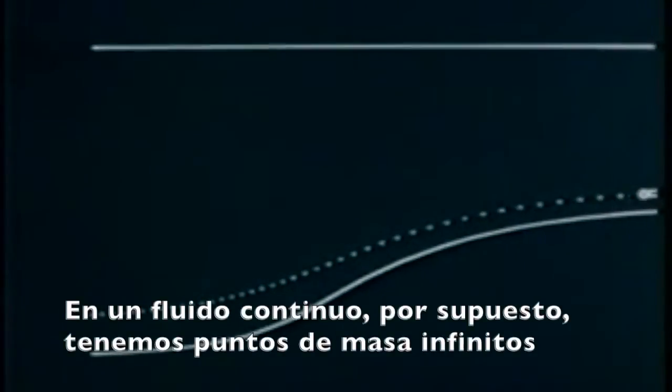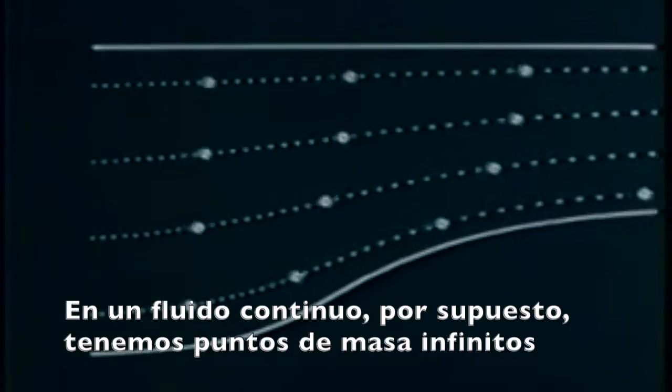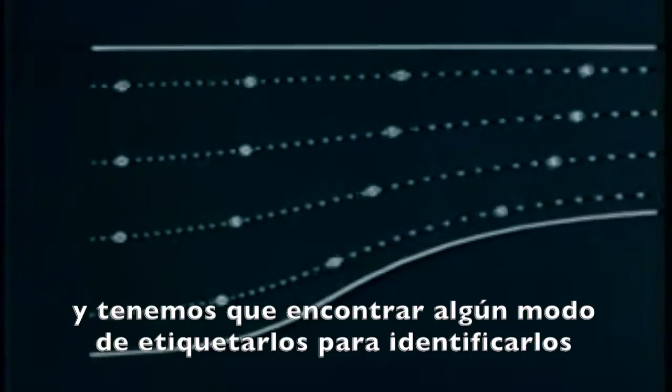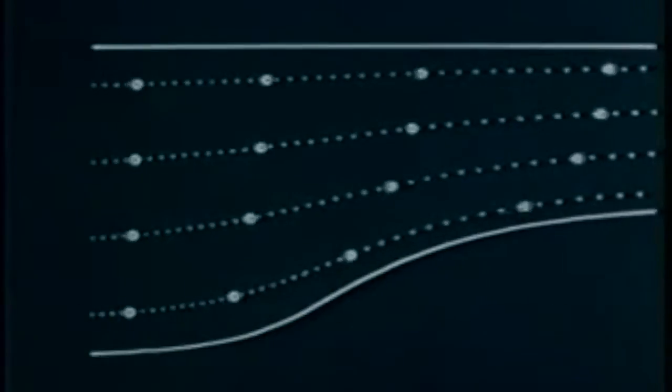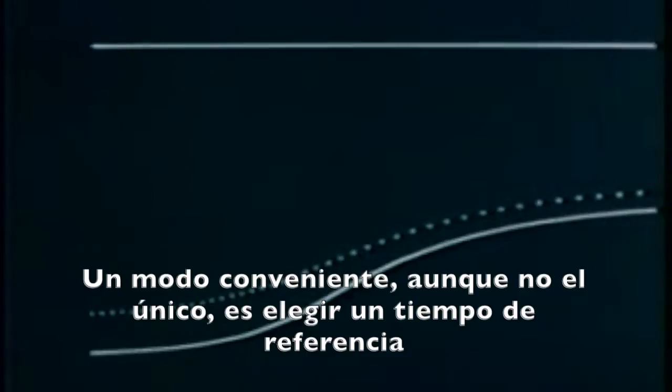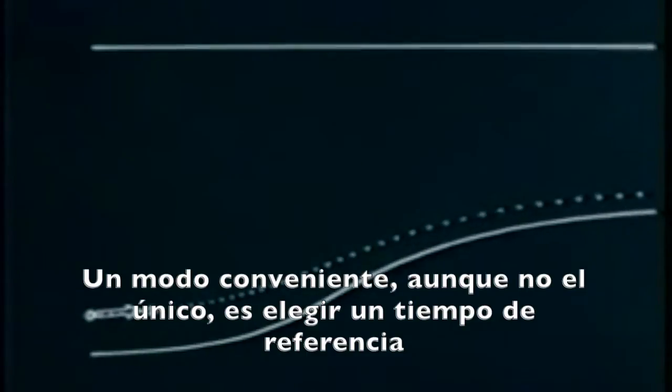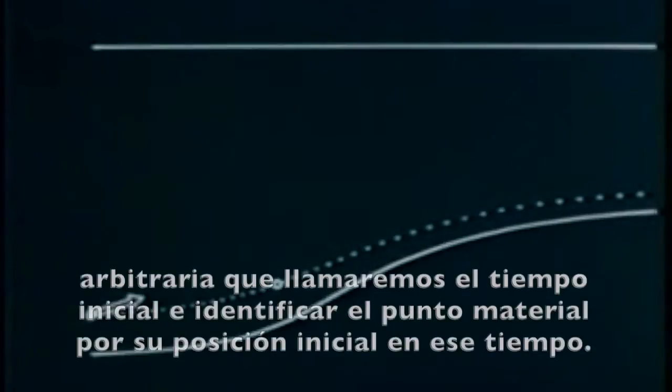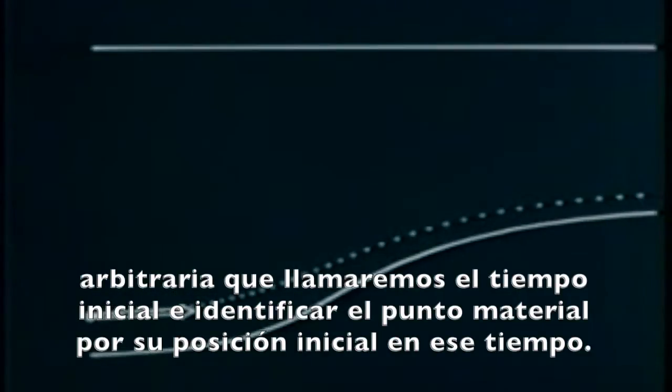In a continuous fluid, of course, we have an infinity of mass points, and we have to find some way of tagging them for identification. A convenient way, though not the only one, is to pick some arbitrary reference time, which we will call the initial time, and identify the material point by its location at that time.